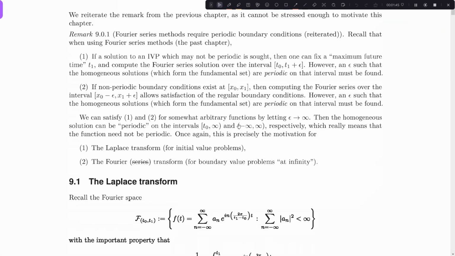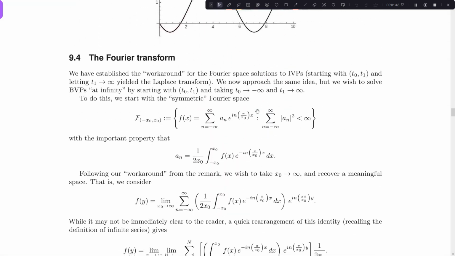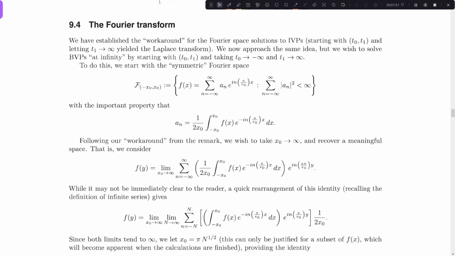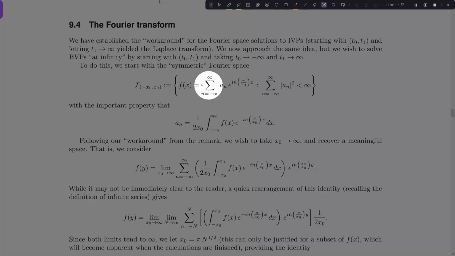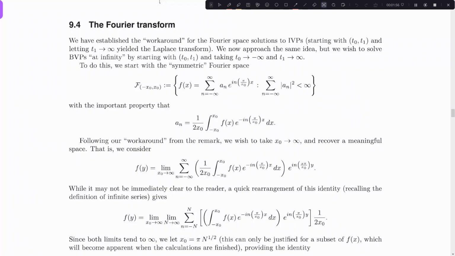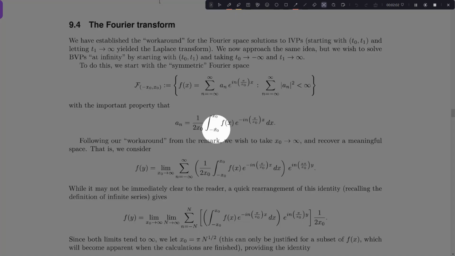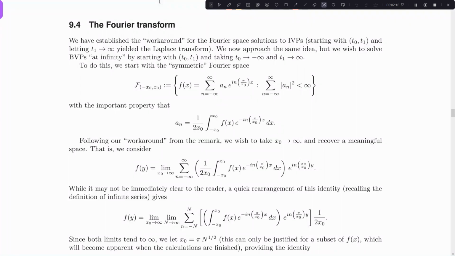So we're making an infinitely large interval over which we're calculating the Fourier series. And in doing that, we can go through the same song and dance that we did with the Laplace transform. But with the Laplace transform, we fixed the bottom integral bound at 0 and the top integral bound at t1. In this case, I'm going to fix the bottom one at minus x naught and the top one at plus x naught.